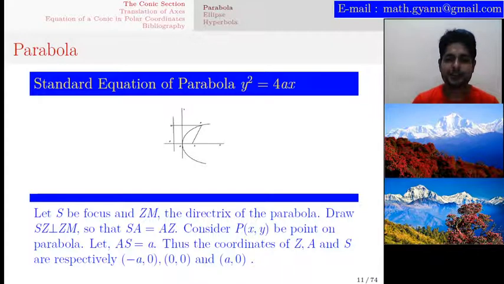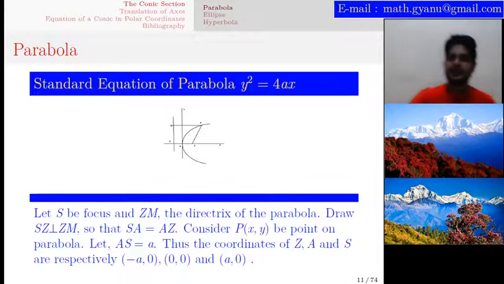We have to derive the standard equation of parabola. For this we must have the distance PS divided by PM, that is the ratio, equal to 1. That means distance PS must be equal to distance PM by the definition of parabola.